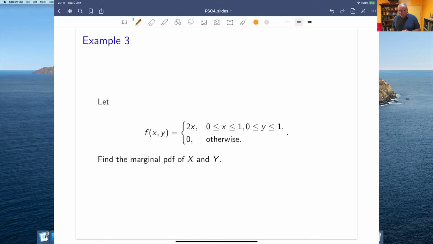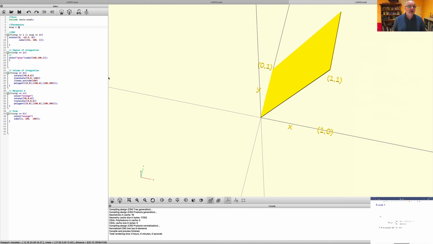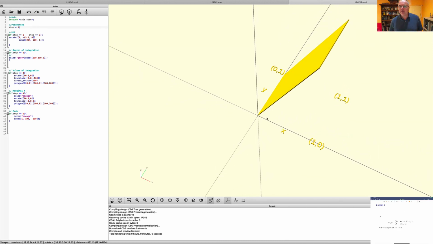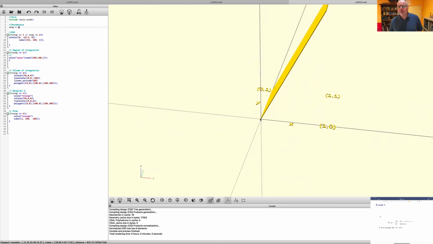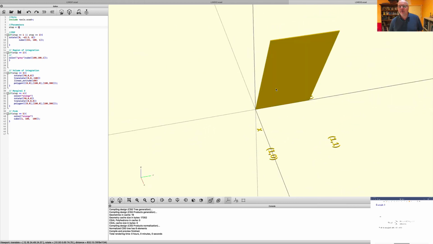So let's do an example. We've now got our curve is 2x, and x lies between 0 and 1, and y lies between 0 and 1. We're going to find the marginal. Before we do that, let's go and have a look at our diagram. So here's our curve now. We go between 0 and 1 and 0 and 1, but now it's basically a plane where this is 2x, and obviously y is just constant.